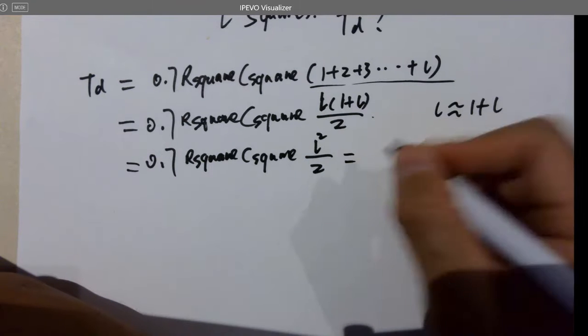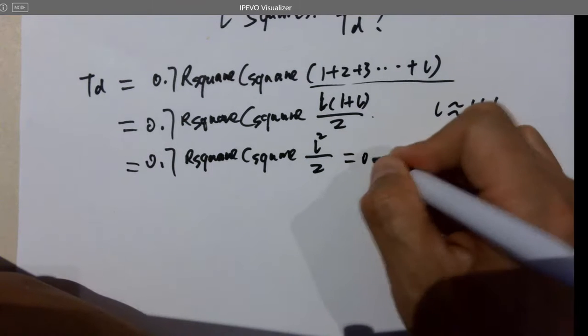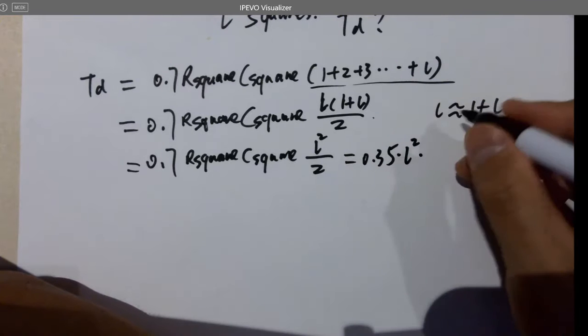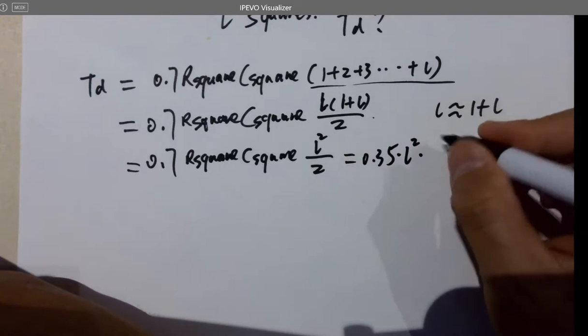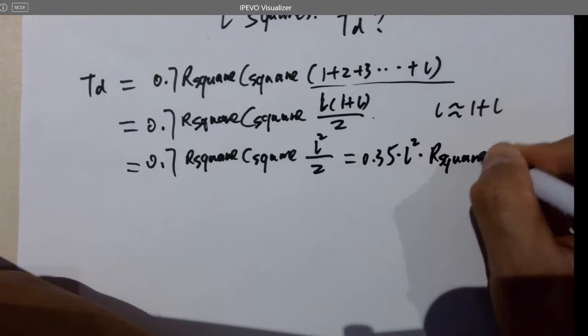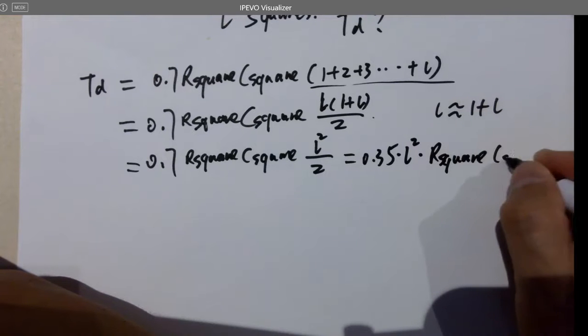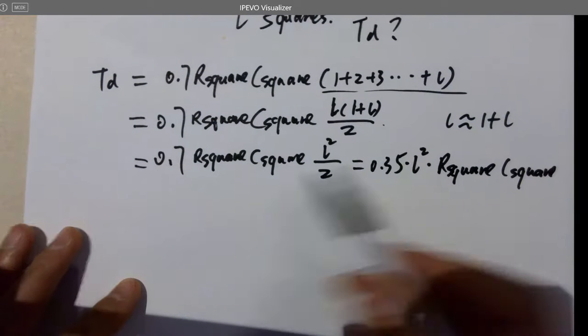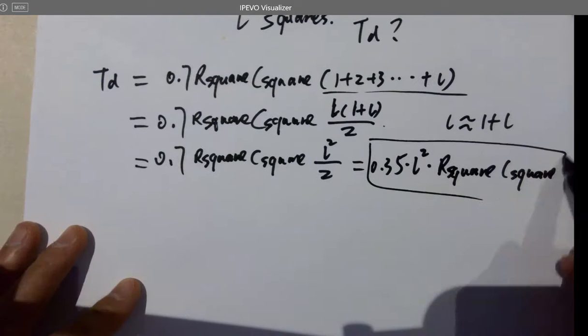And eventually you're getting 0.35 L square. All right, so that's the final equation to calculate the time delay of the unwell.